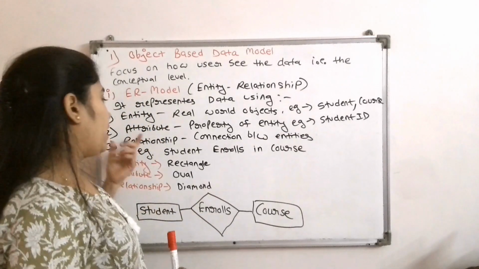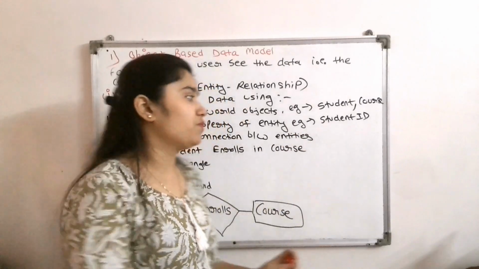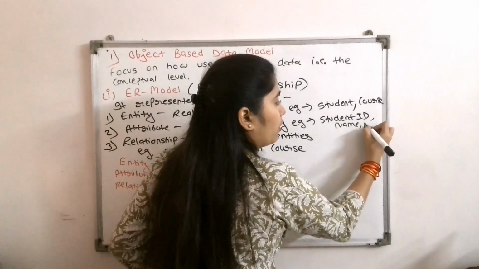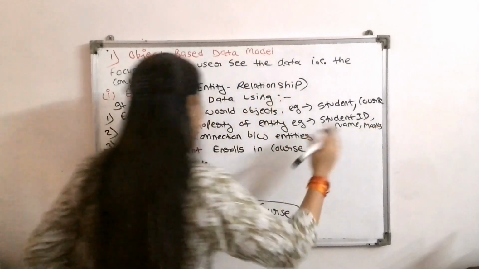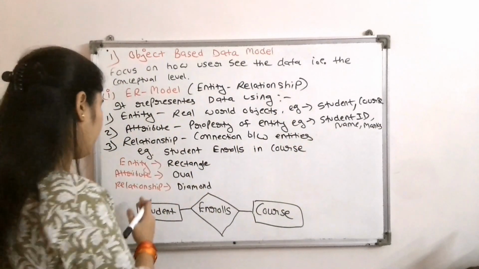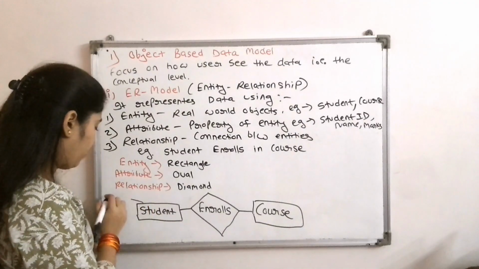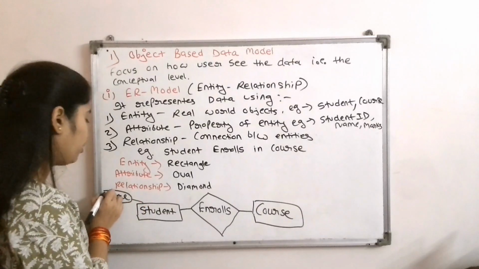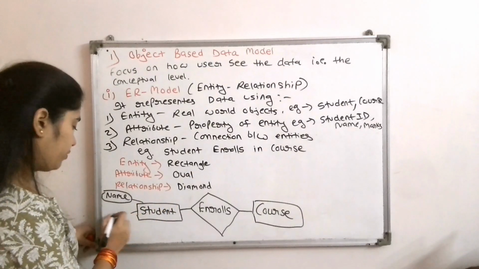And we also have the attribute as the student ID. Suppose we also have name or marks. We also have to mention these. So for student, we will write name in the oval shape, because the attribute is denoted with the oval.